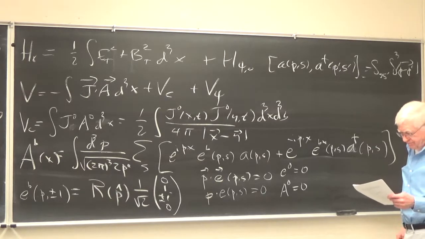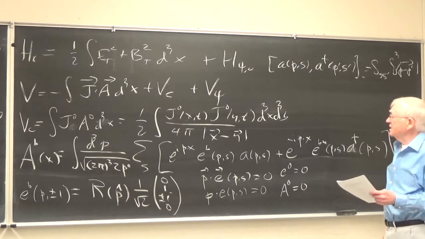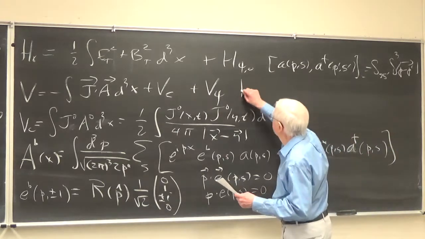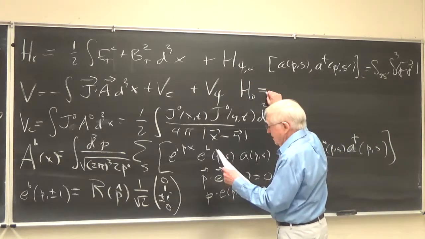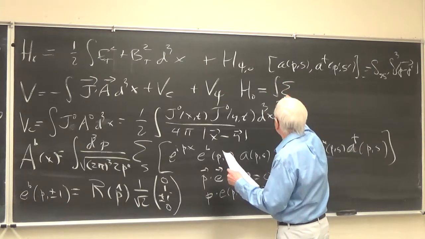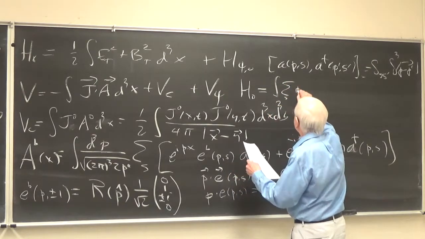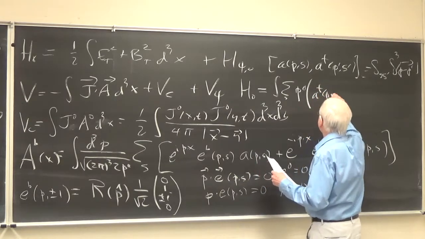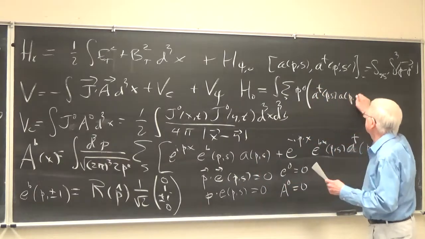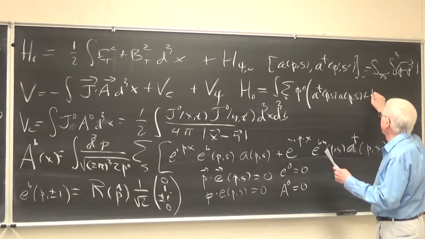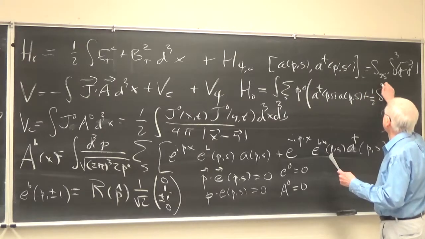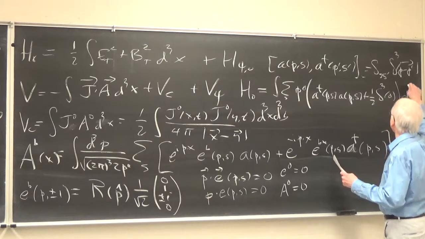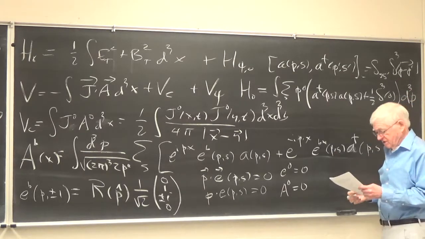Okay, the Hamiltonian is one that's very similar to one that you did in the homework problem. It's an integral, a sum over S, P0, A dagger of P and S, A of P and S, plus a half, delta 3 of 0, and then that whole thing is integrated d3p.